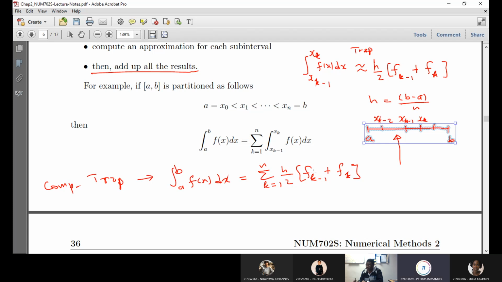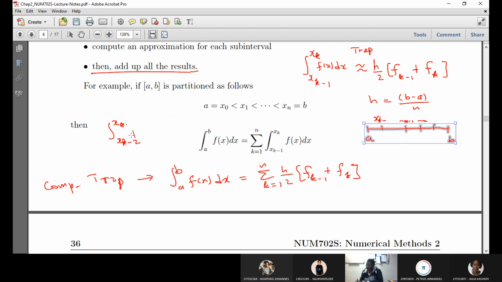I will integrate from x sub k minus 2 to x sub k minus 1. That will be for this first one. Now, for the next, that will be from x sub k minus 1 to x sub k.